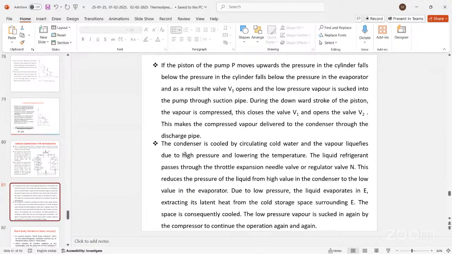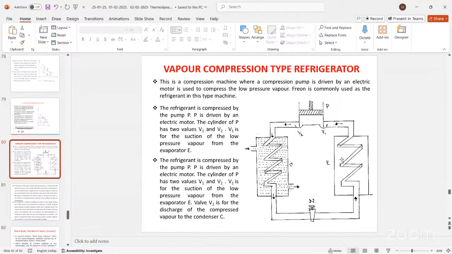So next what will happen? The condenser is cooled by circulating cold water and the vapor liquefies due to the high pressure and lowering of the temperature. The liquid refrigerant passes through the throttle expansion needle valve or regulator valve N. Look, it is here.